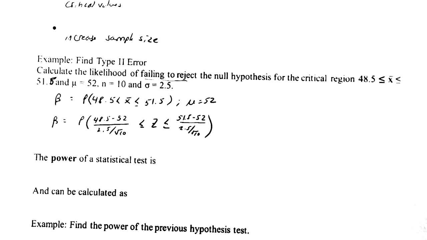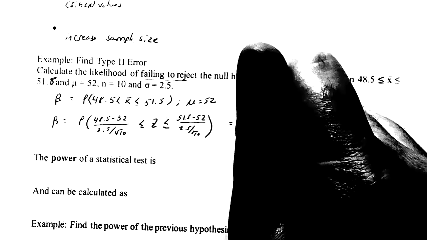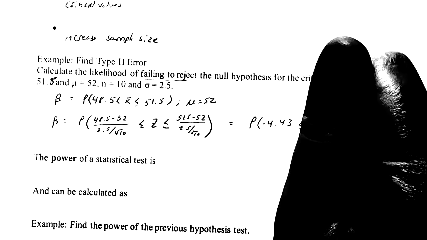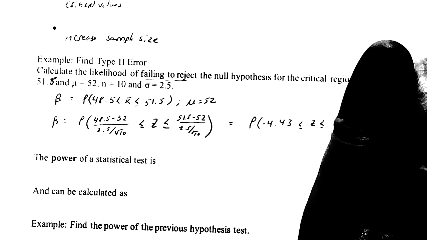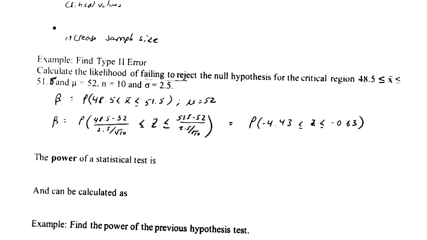And so we're looking at the probability of the z value between those two bounds. That's the probability that we're between negative 4.43 and negative 0.63. Those are our z values when we do the math for this expression here.